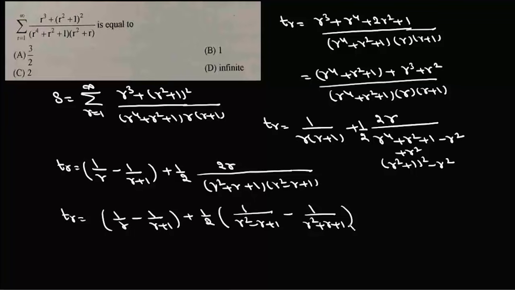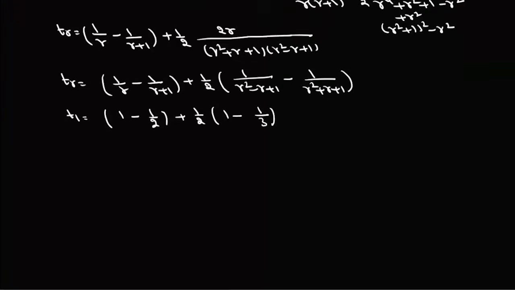Now it is a telescopic summation. So we'll put the values of r. So t1 will be 1 minus 1 by 2, and plus 1 by 2 times (1 minus 1 by 3). For the second term, we'll put r as 2, so it will be 1 by 2 minus 1 by 3 plus 1 by 2 times (1 by 3 minus 1 by 7), and we'll continue.